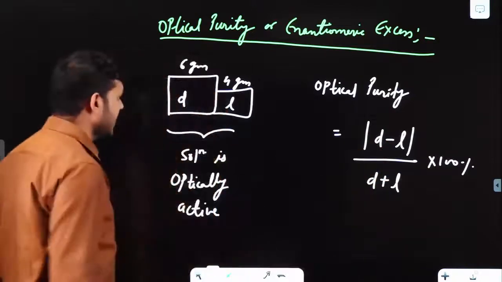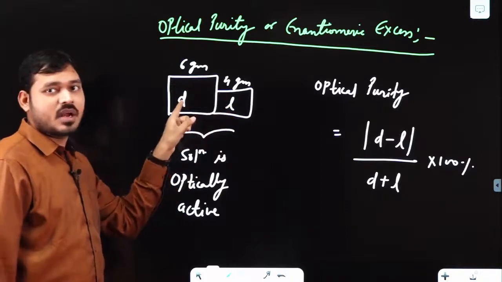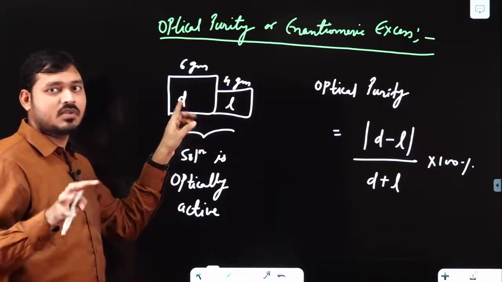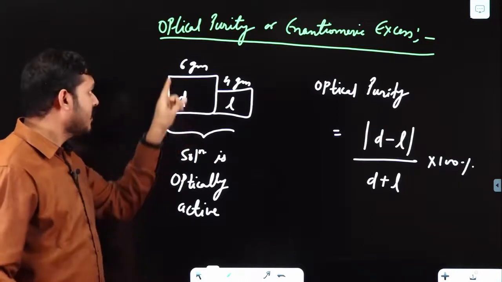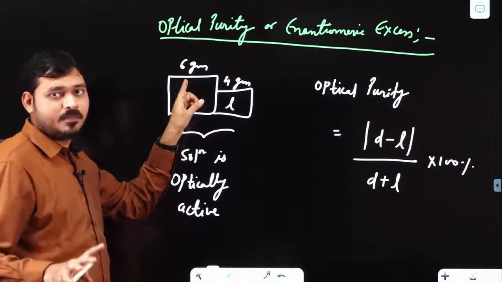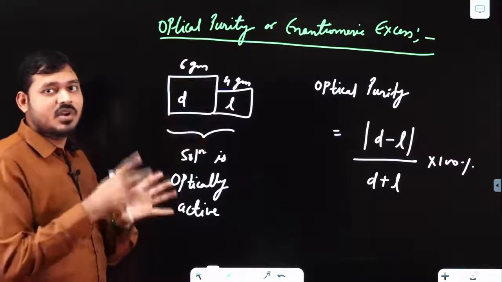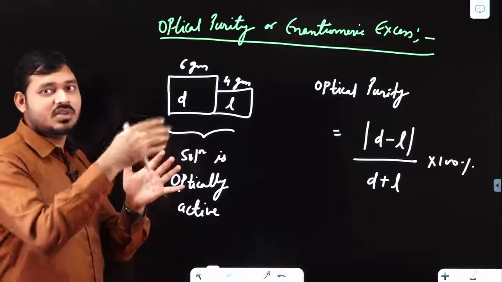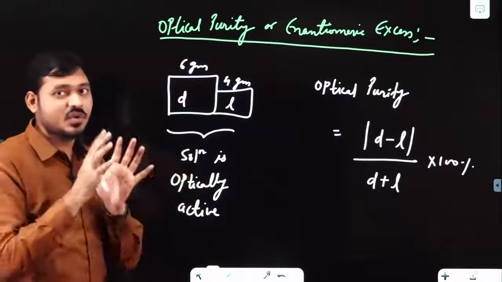See here, the 4 gram of L will cancel out the 4 gram of D, because both have plane polarized light rotation in equal but opposite directions, but the remaining 2 gram will cause the rotation of plane polarized light. Out of a total of 10 grams, 2 gram will cause the rotation of light, which means the optical purity of this mixture is actually 20%.